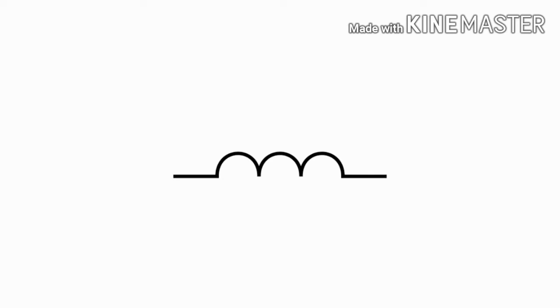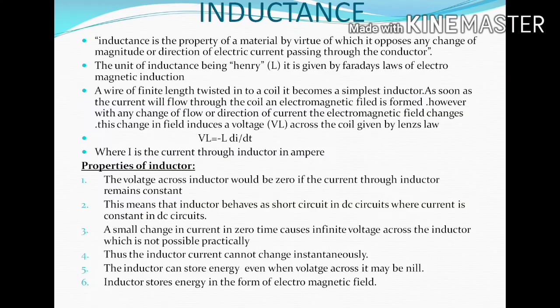Next, coming to the inductor. Inductance is the property of a material which opposes the change in magnitude and direction of the current flowing through it. The basic symbol of the inductor is a wire wound coil, represented by capital L, and the unit is Henrys.